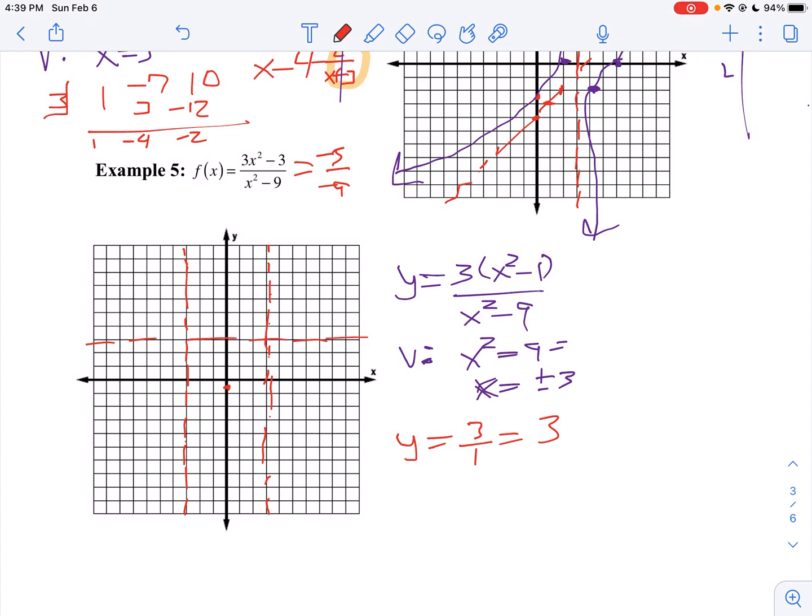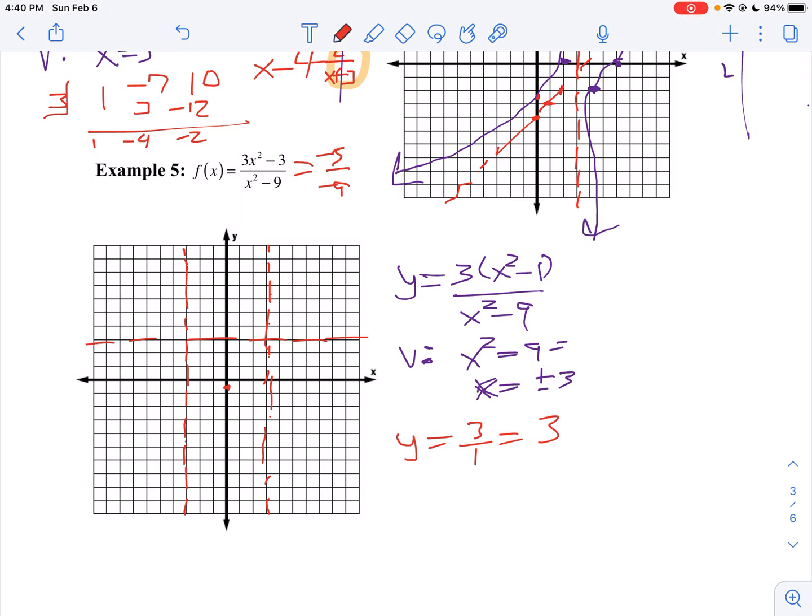Now remember, horizontal asymptote has to do with end behavior. So your graph is going to look different in this section, but it's going to approach the horizontal asymptote out here.